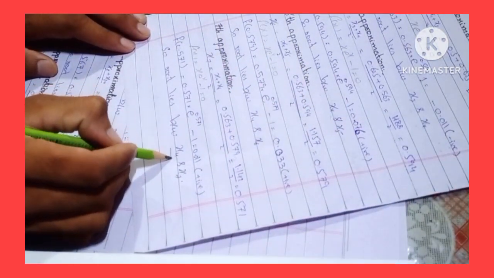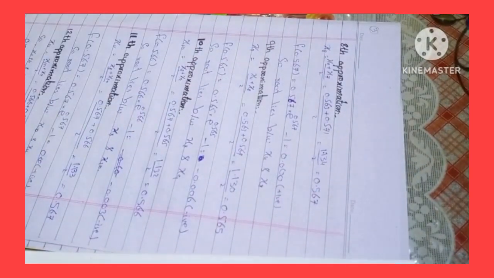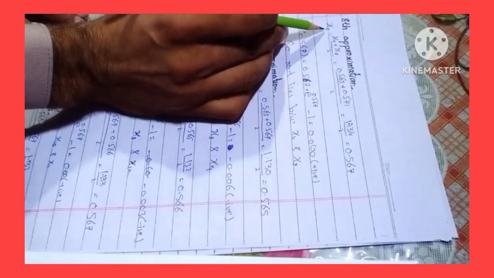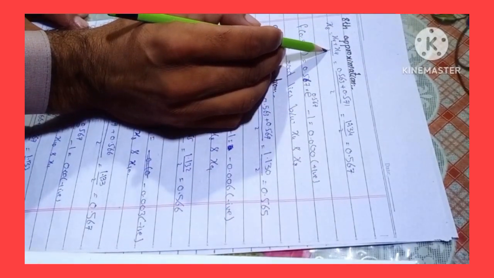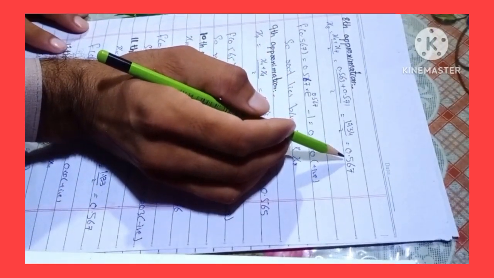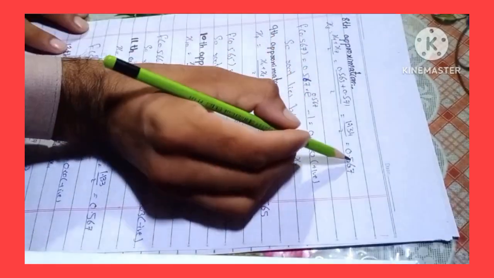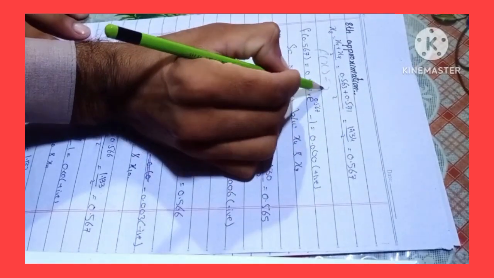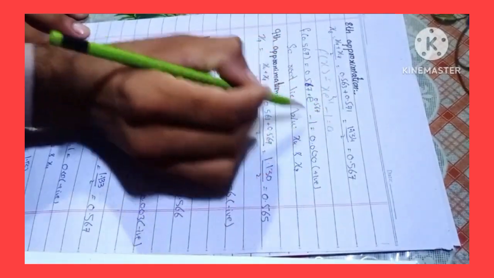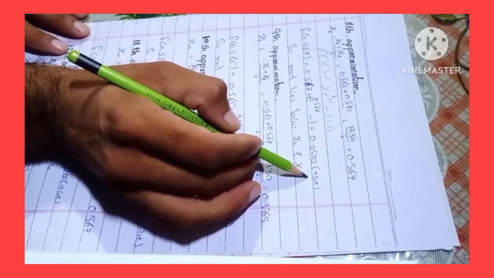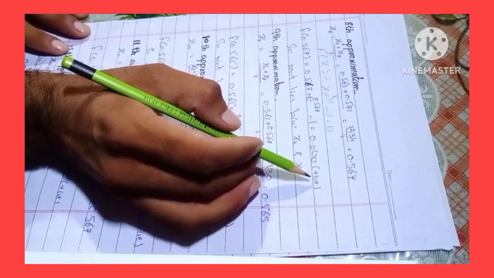The eighth approximation is x8 = (x4 + x7) / 2. Putting values and solving, we get 0.567. These values are put into the equation, and the answer is 0, which we treat as positive because 0 is neutral.